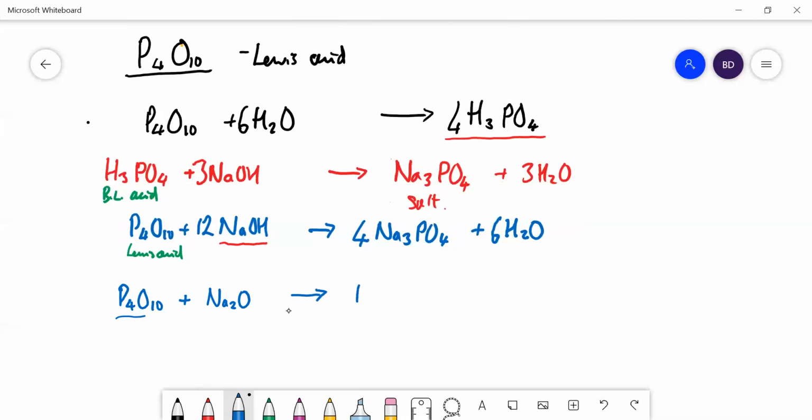You would get the same Na3PO4. We would have to balance that, put a 4 there. So that means we need 12 sodium, so we need 6 there. You see the oxygens are all balanced there, and you don't get any water in that case. So you get the same salt by reacting P4O10 with the sodium oxide. It's always the same salt.